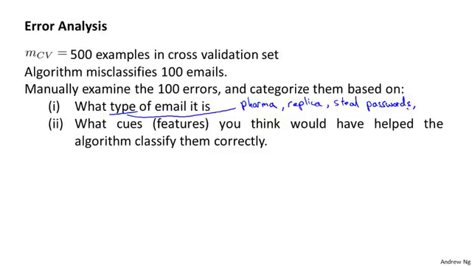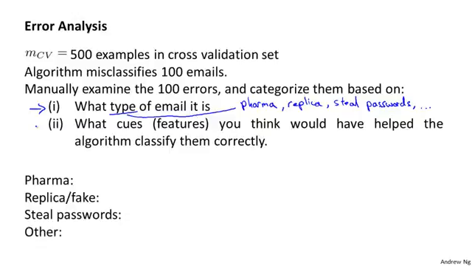These are also called phishing emails, but that's another big category of emails, and maybe other categories. So in terms of classifying what type of email it is, I would actually go through and count up, of my 100 emails, maybe I find that 12 of the mislabeled emails are pharma emails, and maybe 4 of them are emails trying to sell replicas, like sell fake watches or something.